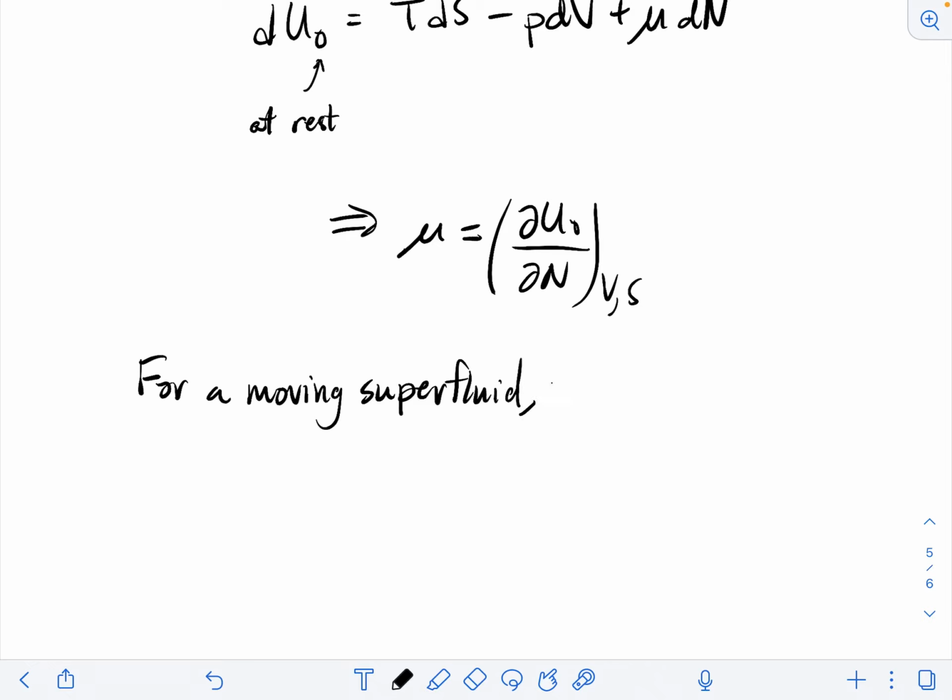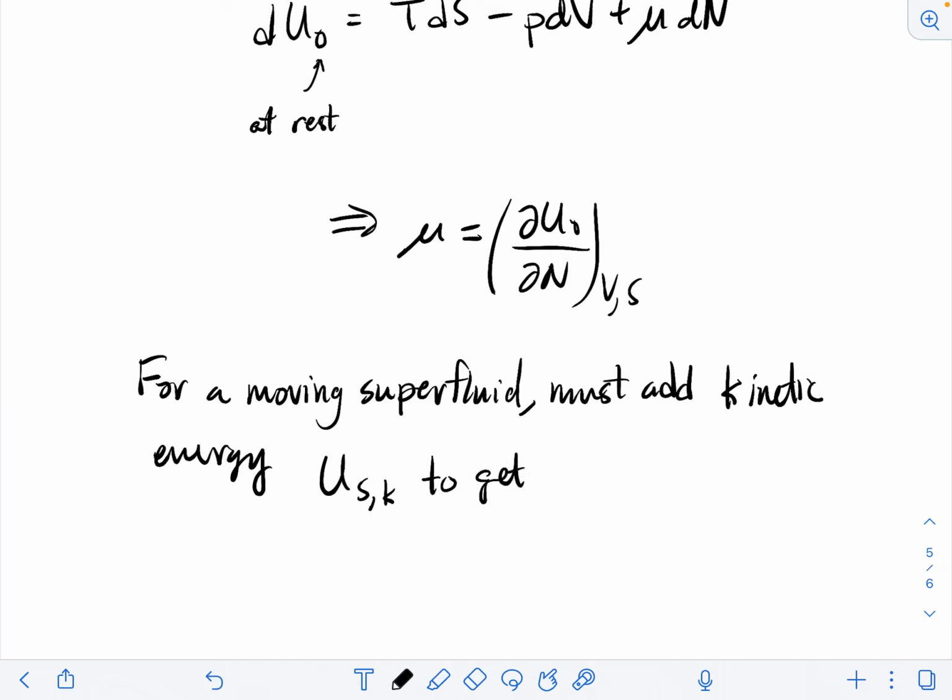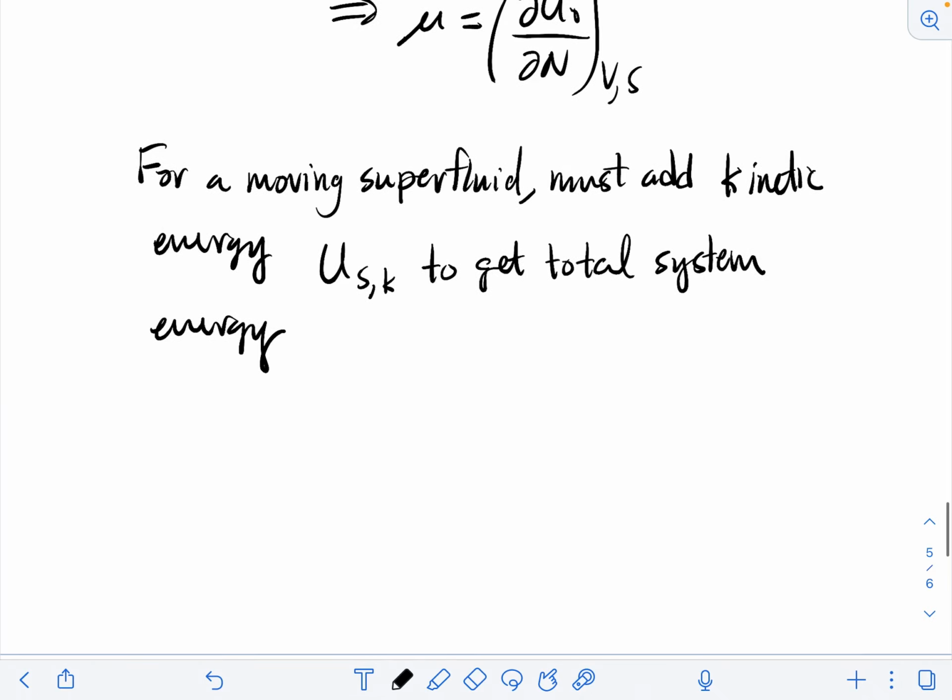So we must add kinetic energy, let's say U_SK. So U_S is for some energy associated with the superfluid, and K is for the kinetic energy, to get the total system energy. Okay, so U total is going to be U_SK, kinetic, plus U0, the internal energy for a superfluid at rest.